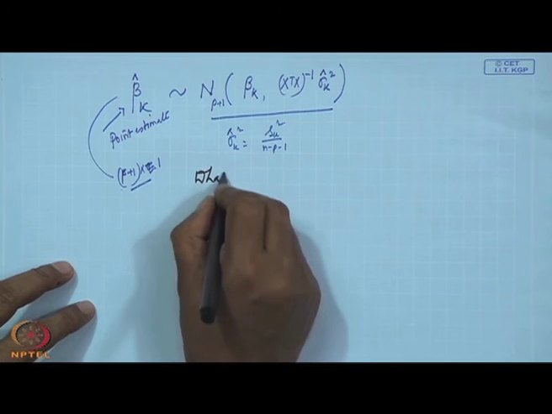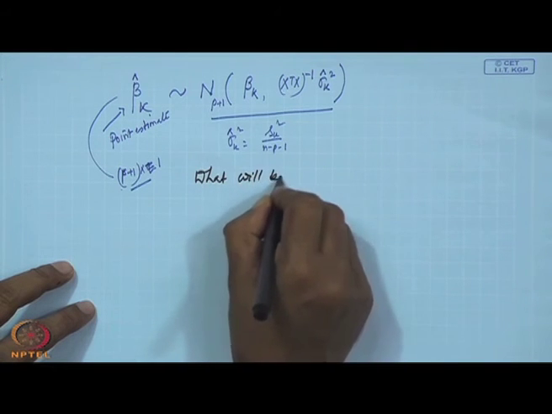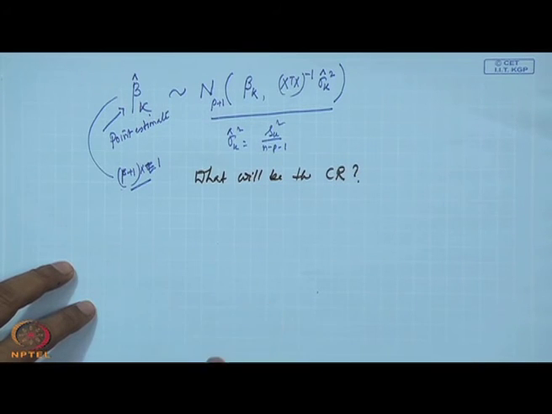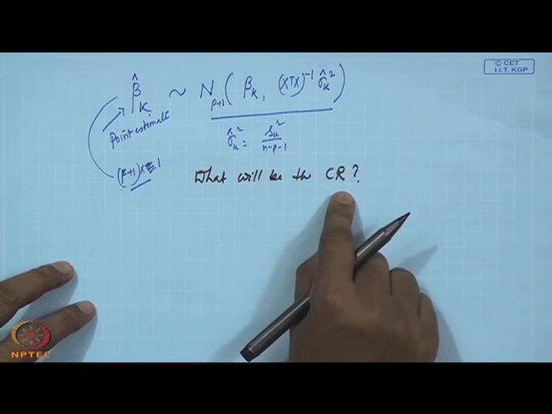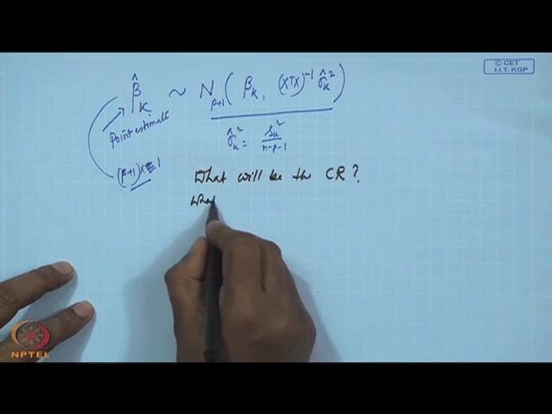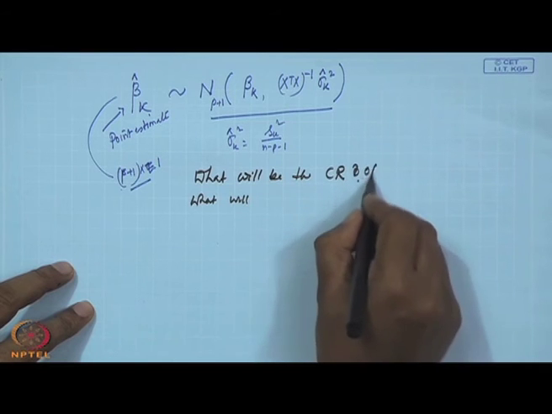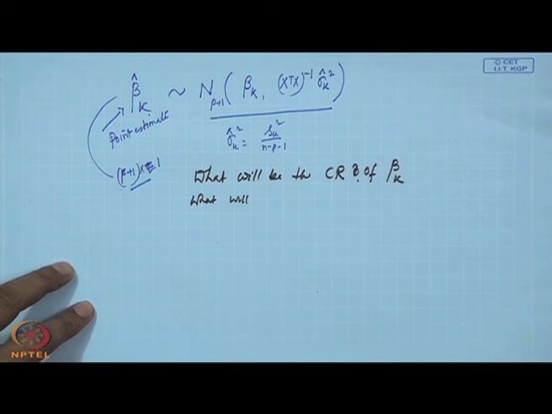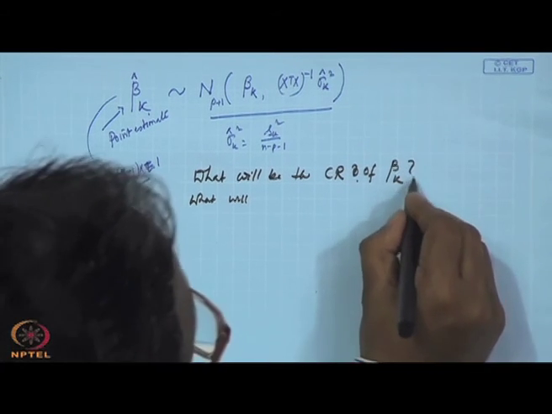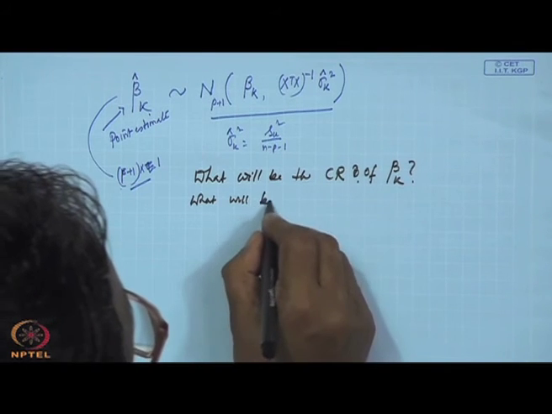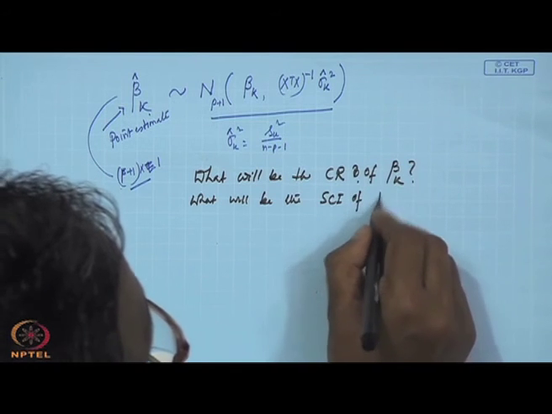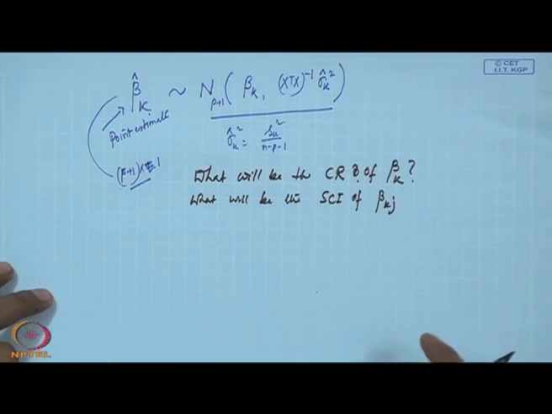Now the question comes: what will be the confidence region? Because when we come to the multivariate domain, first is the confidence region, the confidence region of beta k. Here we are going back to the individual variable beta k that we have seen in MLR. What will be the simultaneous confidence interval for beta kj?